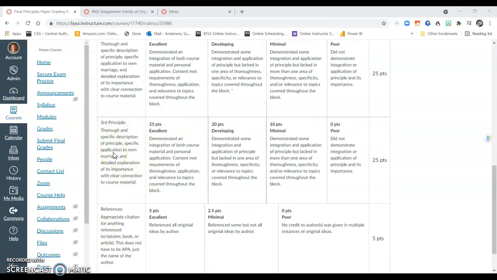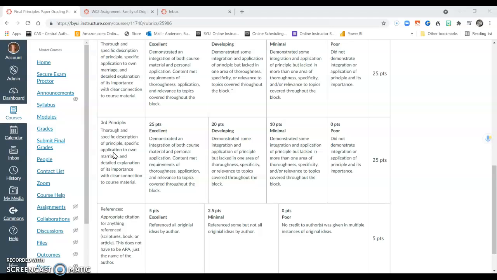So we want thorough, specific descriptions, specific applications, actual examples, detailed explanation of its importance, and a clear connection to the course material. So if they did all of that really well, they received 25 points. It's excellent. They demonstrated an integration of both personal application, course material, met the requirements, thoroughness, application, relevance, everything.